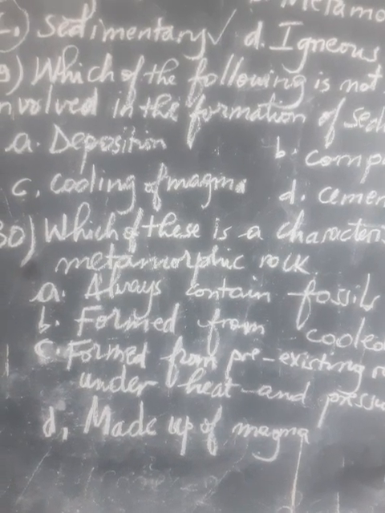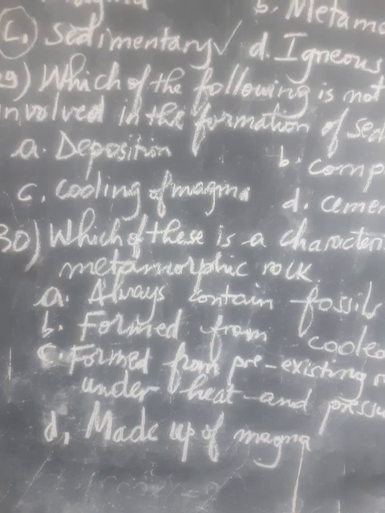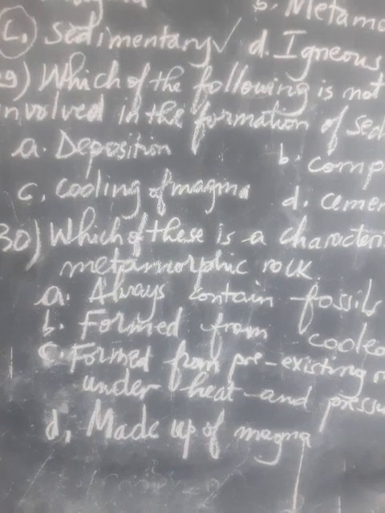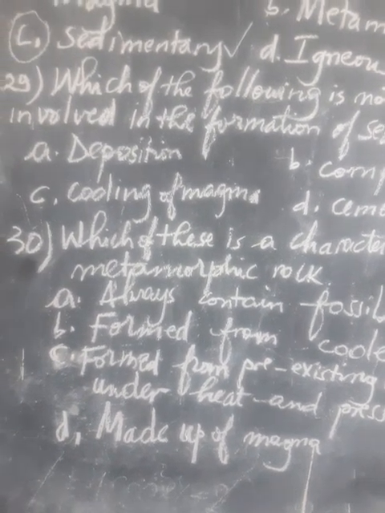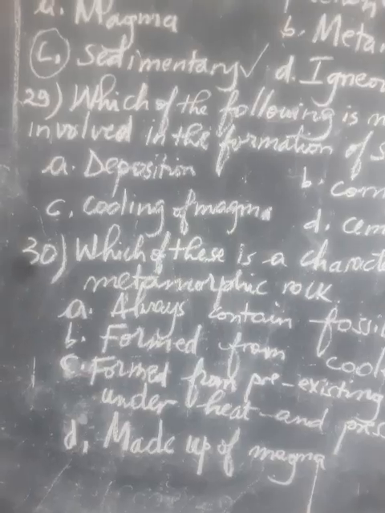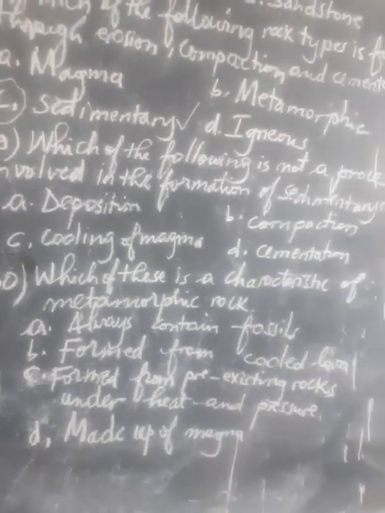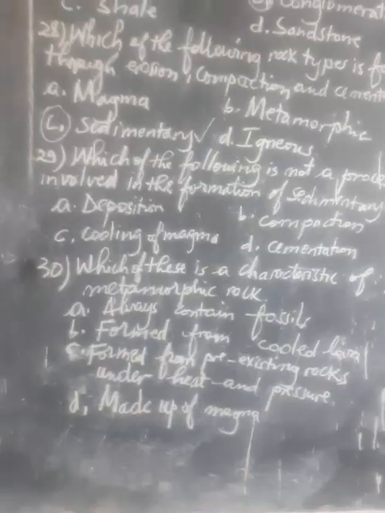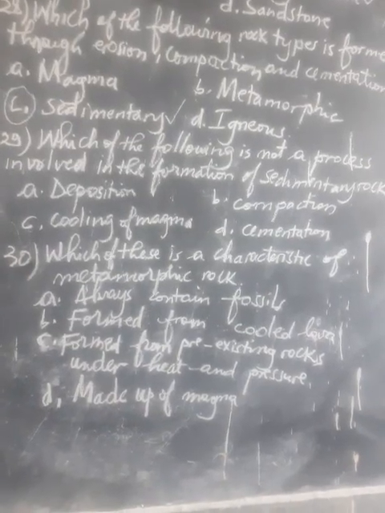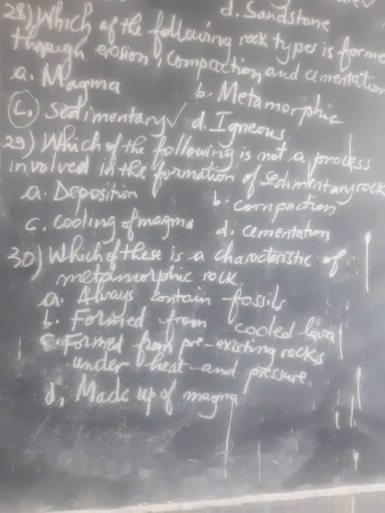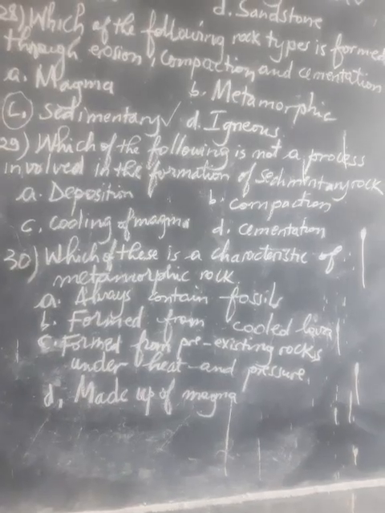They give us different processes, but we need to choose which one does not correspond to the formation of sedimentary rock. So we have A, deposition, B, compaction, C, cooling of magma, and D, cementation.